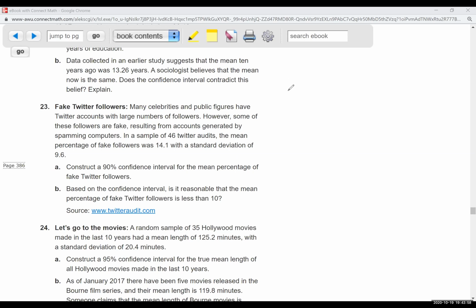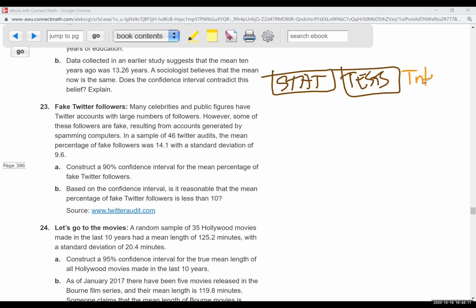So Stat, Tests, T interval. And then highlight Stats.